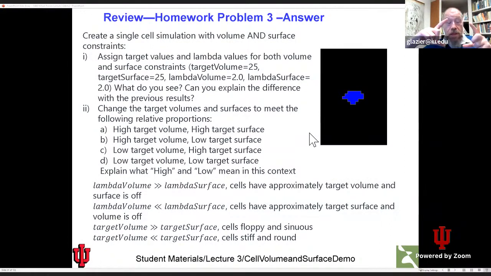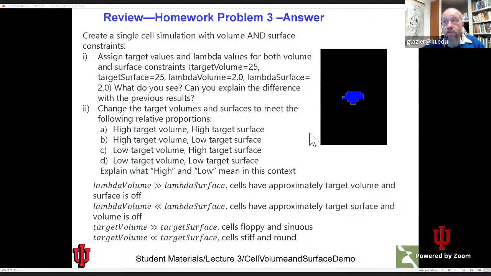The most efficient thing I can have is a circle, a disk. So the volume is pi r squared, and the surface is 2 pi r. So if the target volume is 100 and the perimeter that I'm trying to get is 1, I can't satisfy that. I'm going to be under tension. That's like blowing a lot of air into my beach ball, so it'll be under a lot of tension.